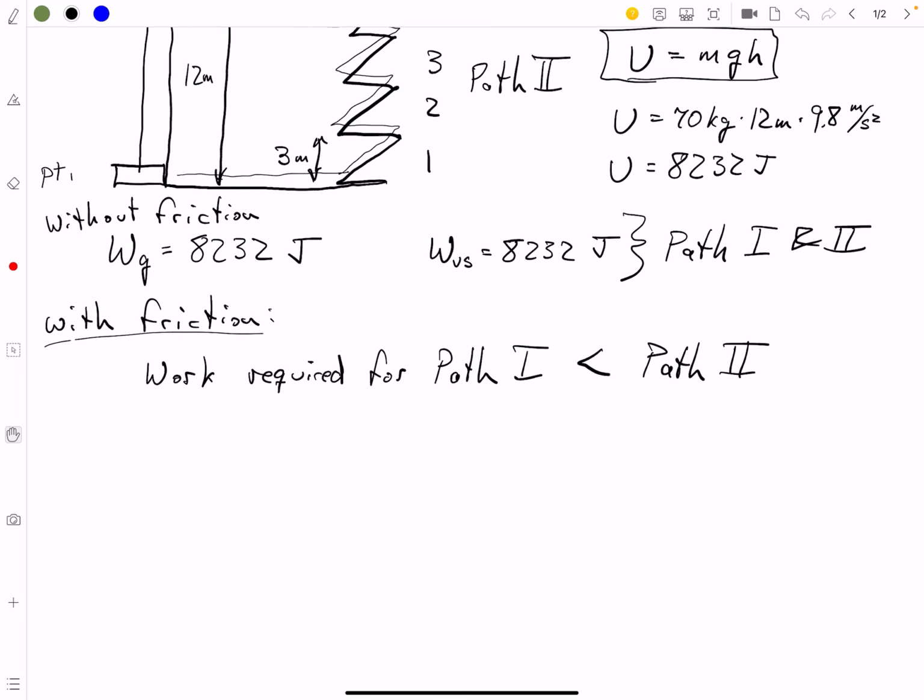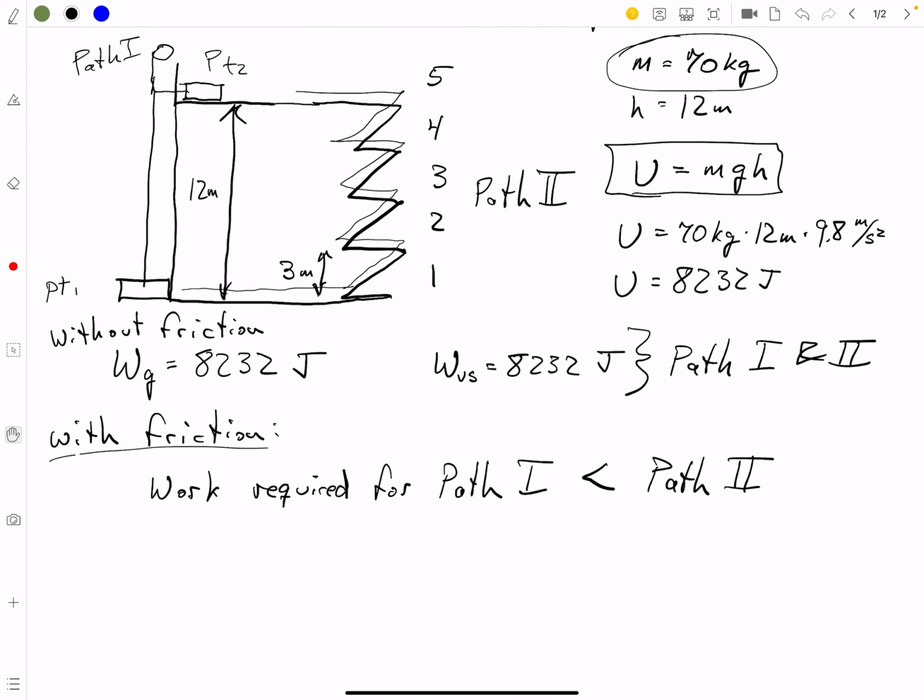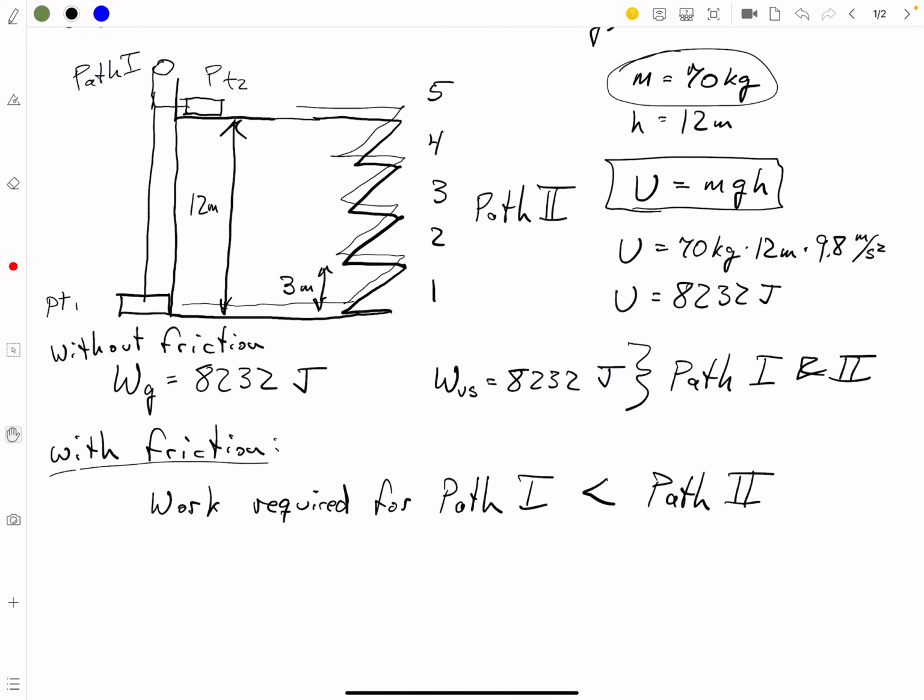Okay, so now, let's look at gravity with some path integrals.